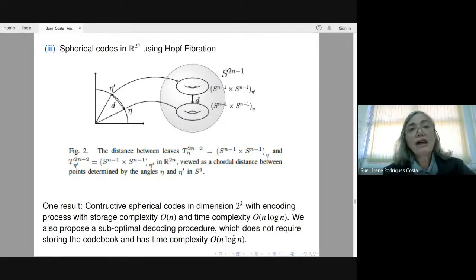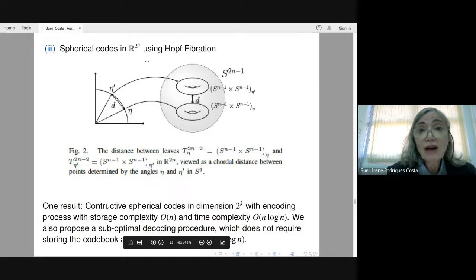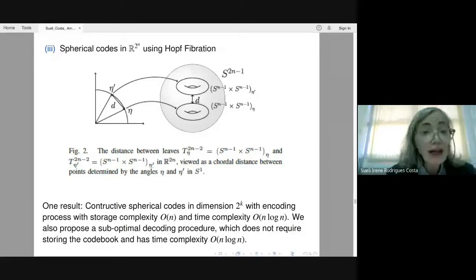Spherical codes, finally, with this more recent construction we have done, which is inspired by Hopf fibration. The Hopf fibration is some kind of generalization of the Hopf foliation, which only exists in a few dimensions, right? And how is this done? I consider tori, but not flat tori, right? These tori are given by spheres of radius cosine of this angle and sine of this angle, right?